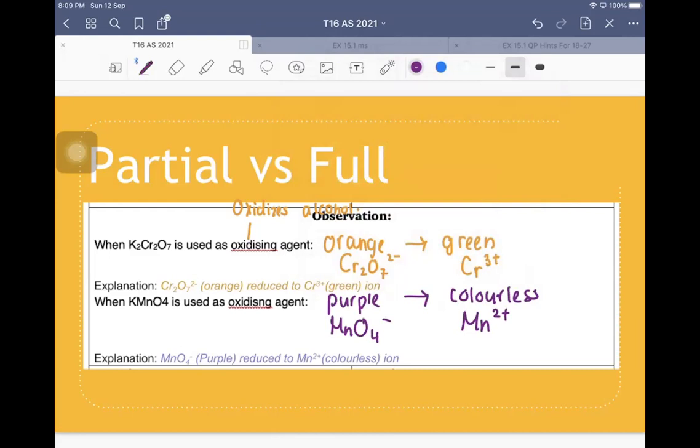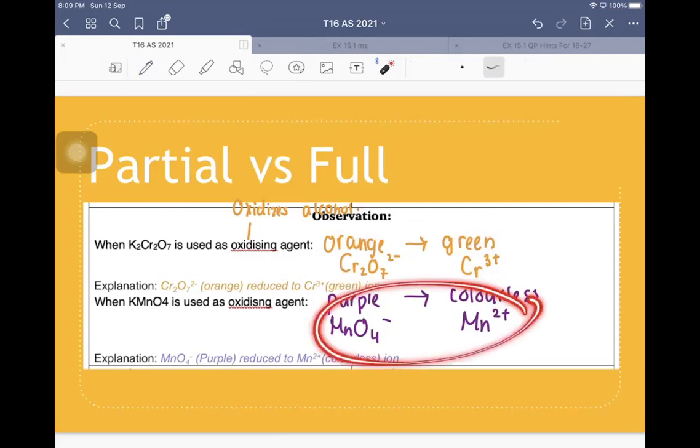When you see the purple turn colorless for potassium manganate, that means oxidation has occurred for the alcohol and reduction has occurred for the manganese. So in this process, for the dichromate and the manganate ion, they are being reduced. If you want to copy this down, you can pause your video now.